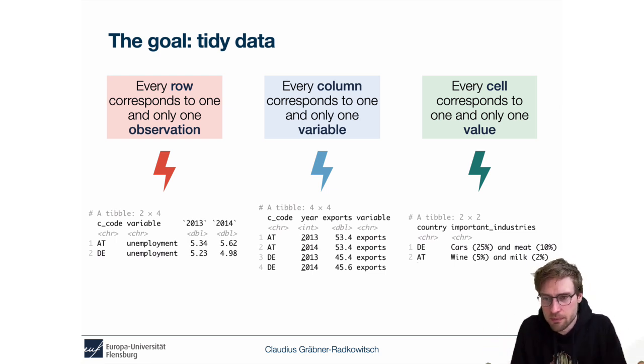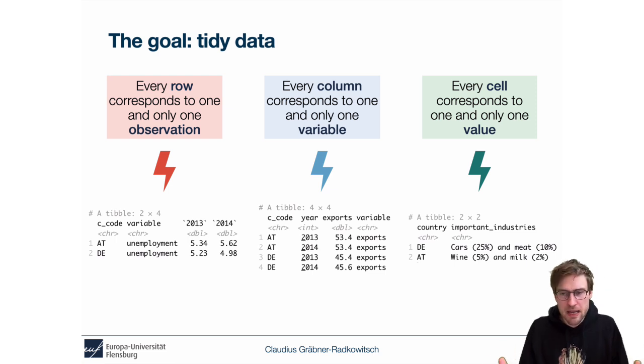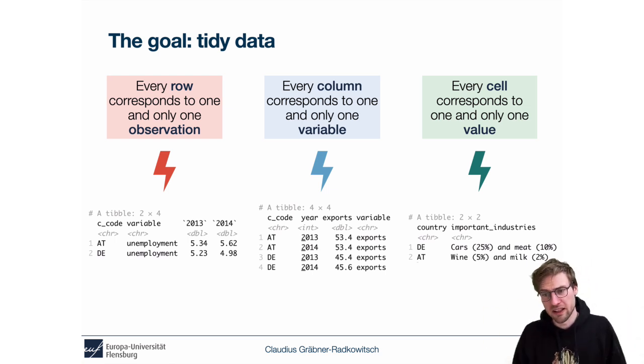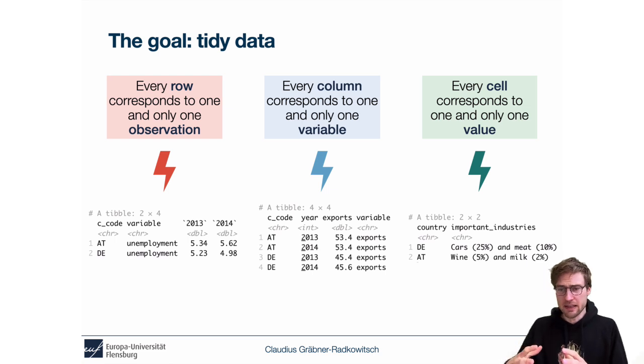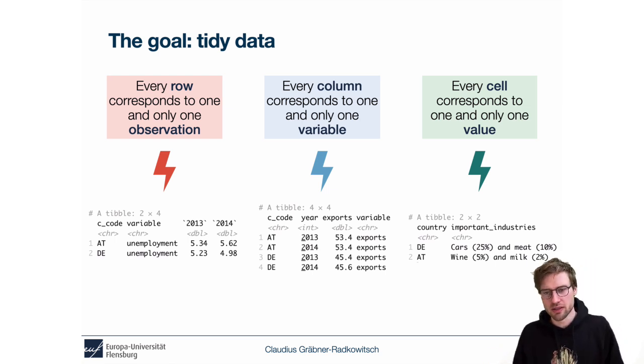So think, for example, about a paper in which the person writes about the most important industries in countries and their share of, I don't know, total value added or so. And then it might be good to have a table like this, where you see, okay, for the country Germany, the car manufacturing industry and the meat industry are particularly important, and for Austria, it's the wine industry and the milk industry.